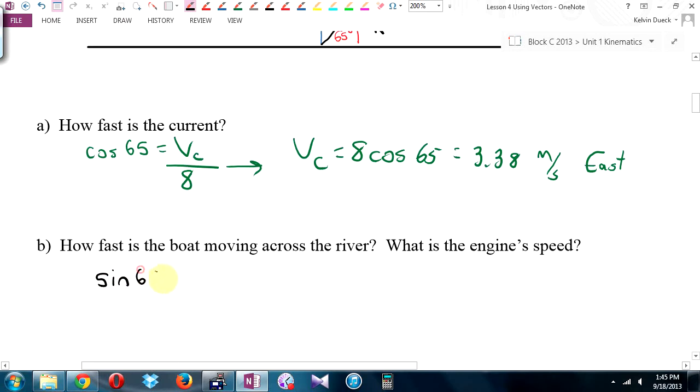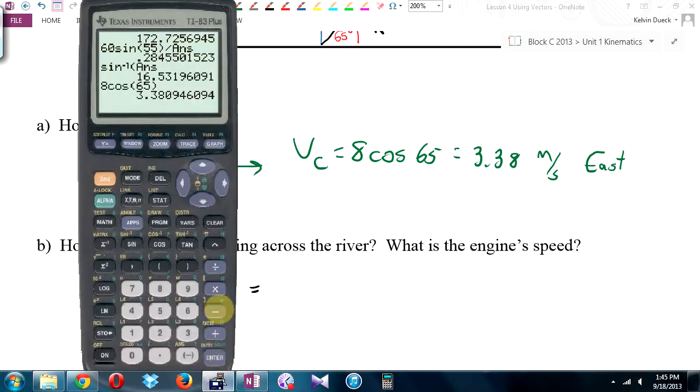Sine of 65 equals, and I think it's going to be that. By the way, don't write this down, but if you used the 25 in the bottom left, you'd have a sine there. You may notice 8 sine 25 gives you exactly the same answer, William, 3.3809. That's why sine and cosine are complements of each other. The sine of, for example, 30 is the cosine of 60.